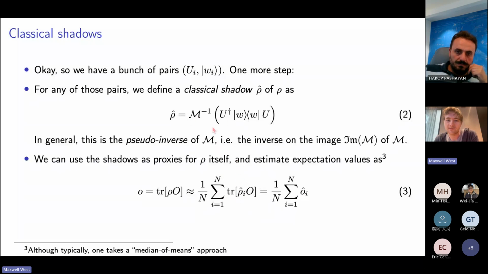And then the measurement channel turns out to be self-adjoint with respect to the Hilbert-Schmidt inner product. So you can move this M inverse around, and in particular, it can hit the O. And if O is not in the image of M, then M inverse just annihilates it, because it's really the pseudo inverse. I'm not sure if that's helpful.